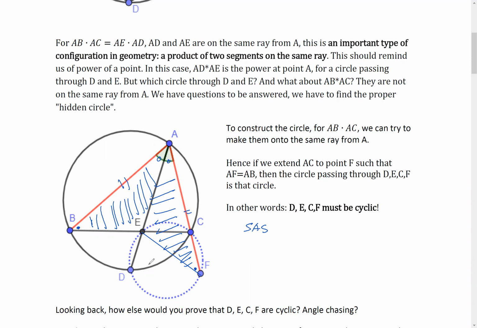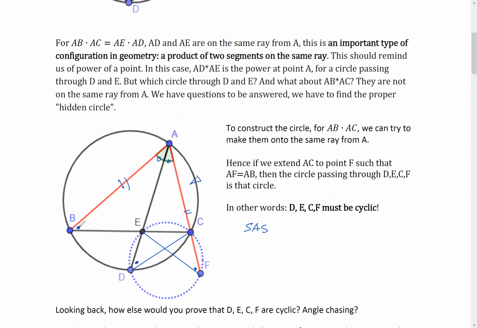To prove a quadrilateral is cyclic, you just need to find a pair of inscribed angles. So seeing this angle, I suppose that we should think about this one here. Is this angle the same as this? Yeah, because this one is equal to this, because they both face the arc of AC, right?